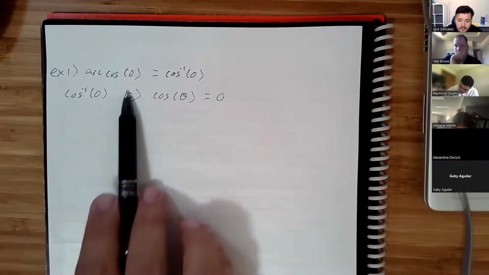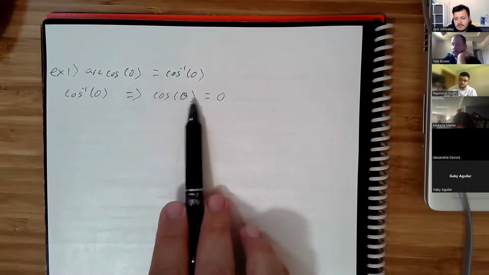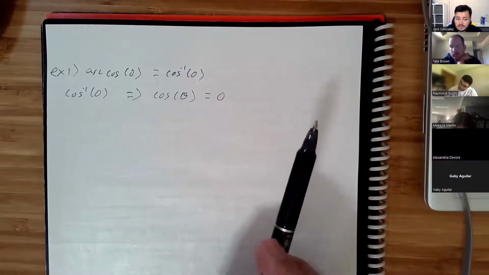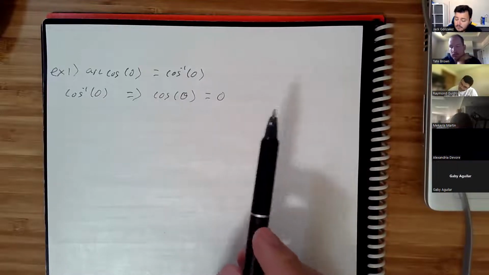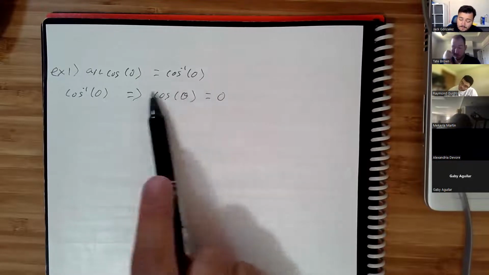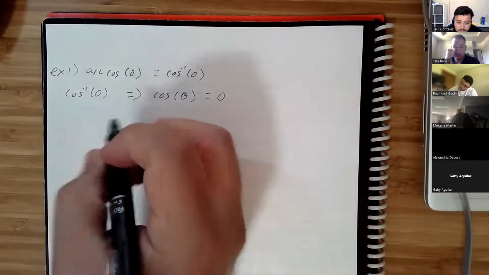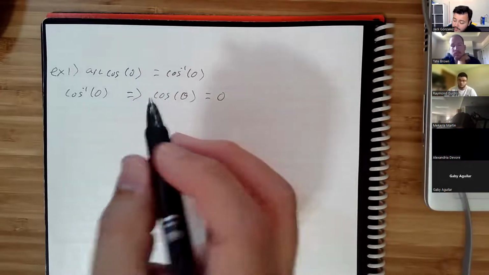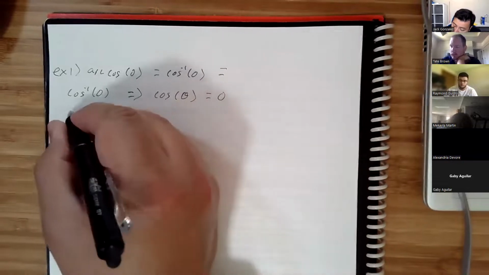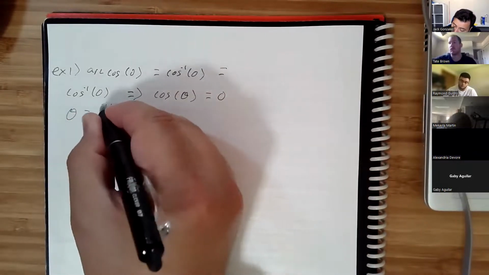So you can either write it this way or say, what is the theta that makes it 0? Now we said earlier that's going to be pi over 2. So you can always change it into this form if this makes more sense. You use your calculator, it doesn't matter. But the answer is going to be, I'll write it down here, theta is going to be pi over 2.